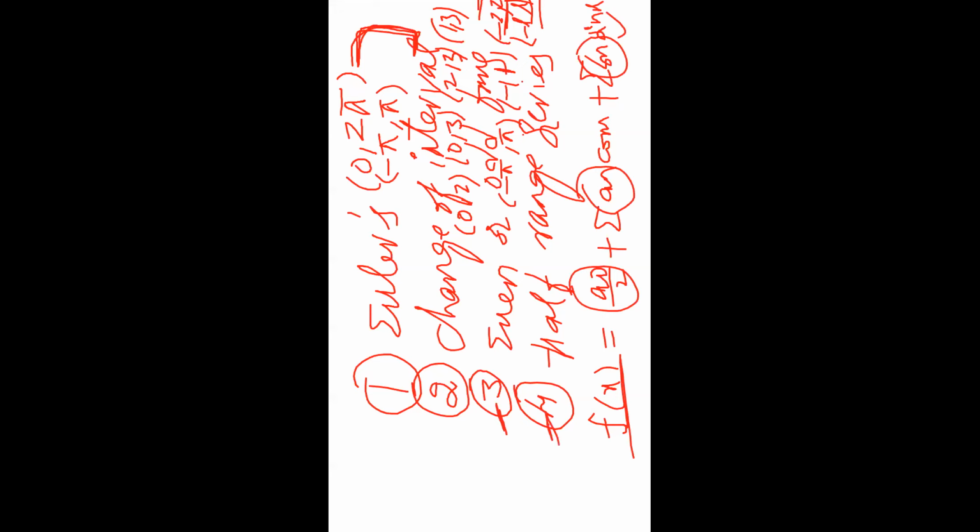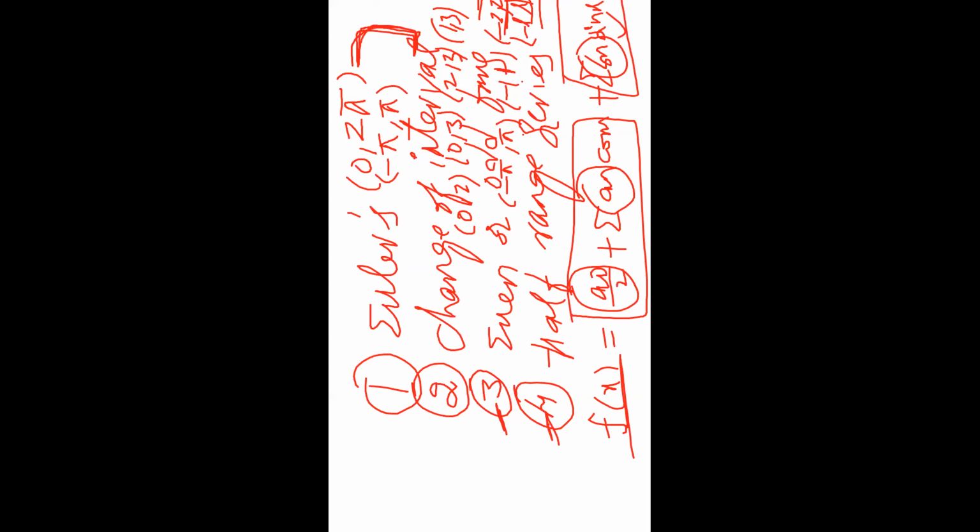For example, if the limits are negative to positive, we have to find out whether the given function is either even or odd. Suppose the function is even, so the full range is split into two parts: one is a naught by 2 and an, and another one is bn.